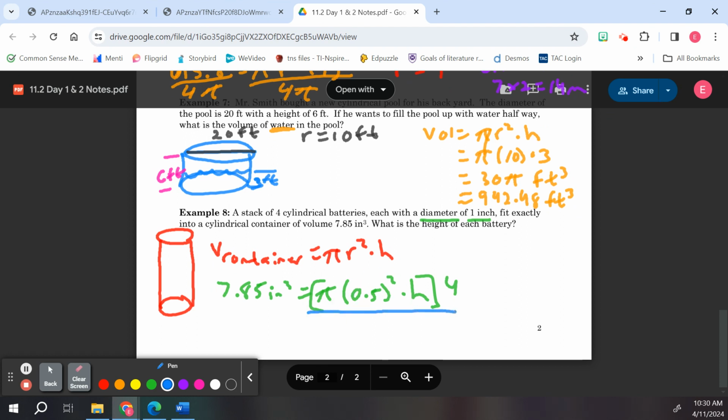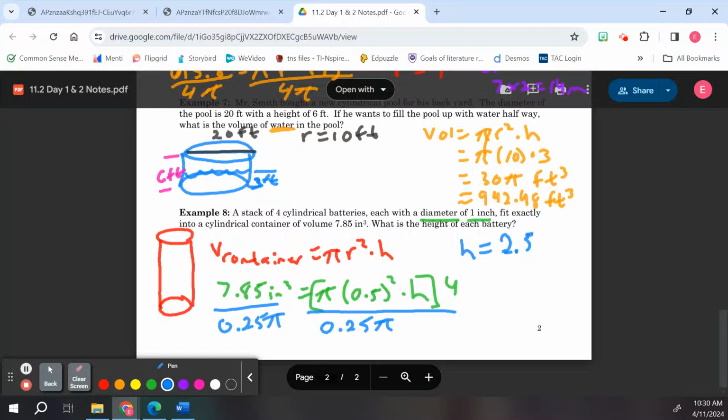So I'm going to divide both sides by, let's see, this should be, I think, 0.25 pi. And then that gives me h. So if memory serves me correctly, when I divided both sides by that, I should have, what was it, 2.5?